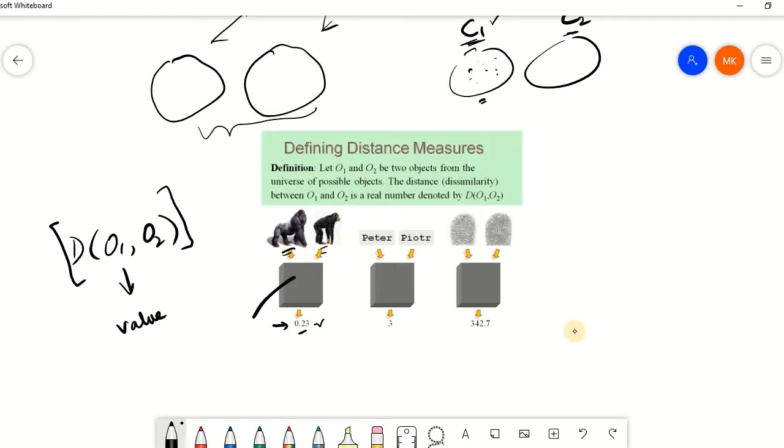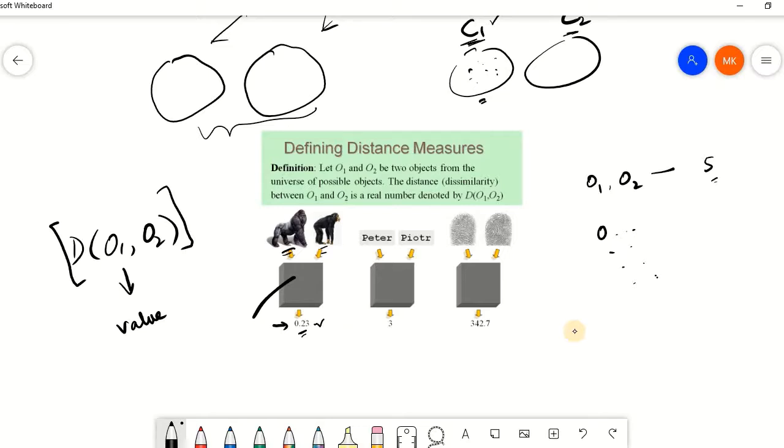We want to quantify the difference between any 2 objects so that we can find out which objects are more similar to each other as compared to the others. So once we have this quantified value, now similarity becomes a relative thing. If we have objects O1 and O2 and their similarity is 5, we can only find out if this value is good enough or not when we have access to the similarities of all the other objects.